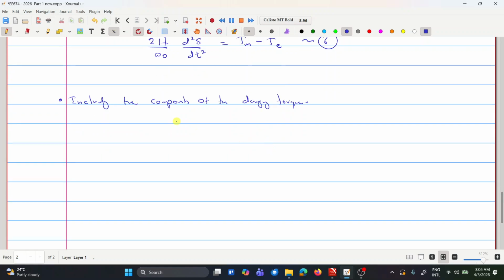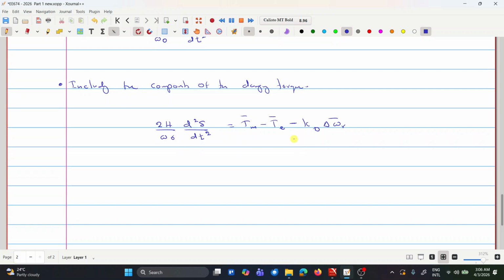So you will get the equation equal to Tm minus Te, including the damping torque, Kd delta omega r, right?